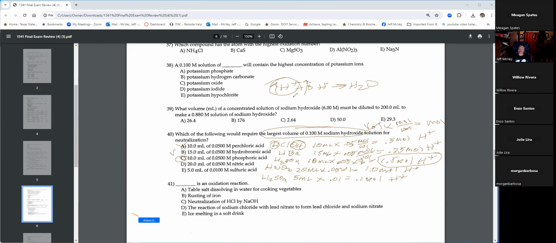This is the net ionic equation for really any acid-base reaction, not really for a weak acid base reaction, but still it's really the H plus on the acid and the hydroxide on the base that make the water. This is the reaction right here.